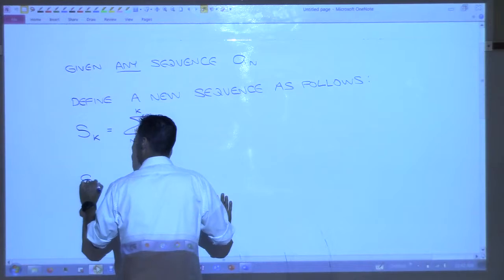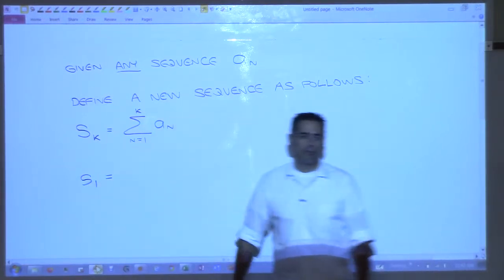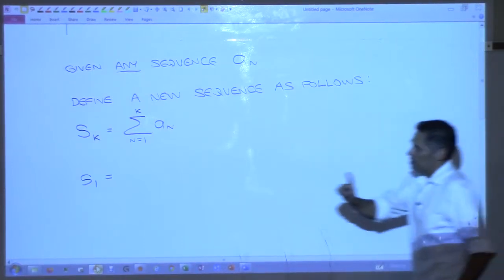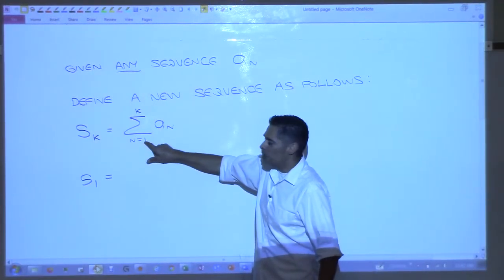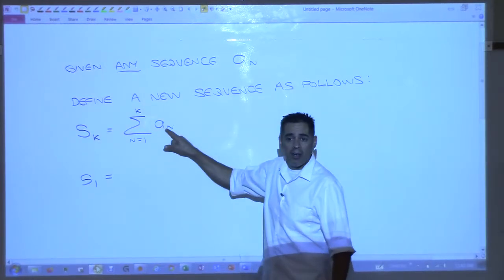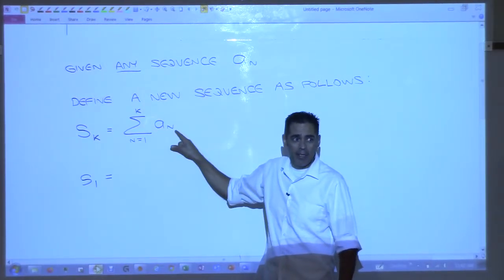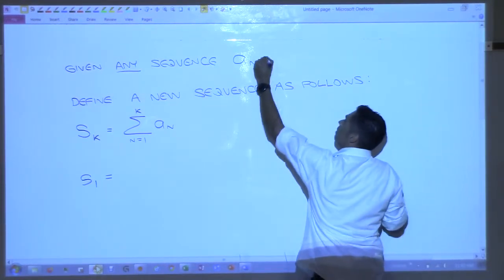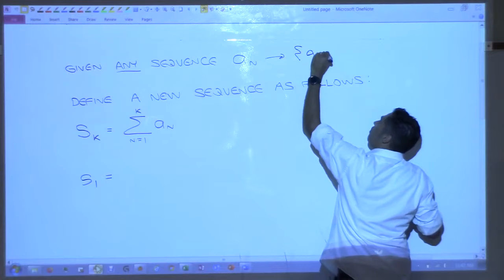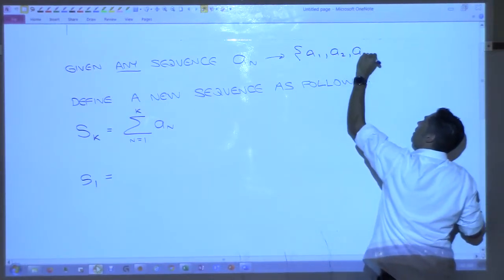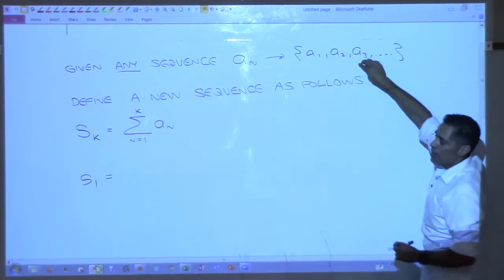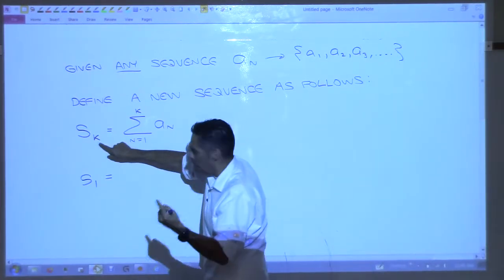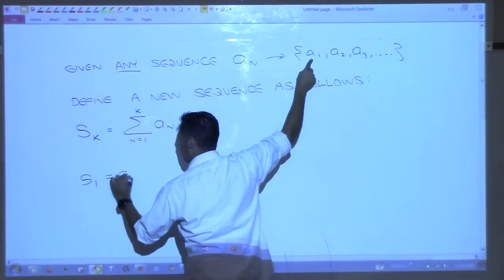So what is the first number in my sequence? It's the sum as n goes from 1 to 1 of A sub n. So what would that be? It's just the first number in this sequence. This is A sub 1, A sub 2, A sub 3, dot, dot, dot. That's the sequence I'm starting with. The new sequence I'm generating, the first number in it is just that first one, A sub 1.